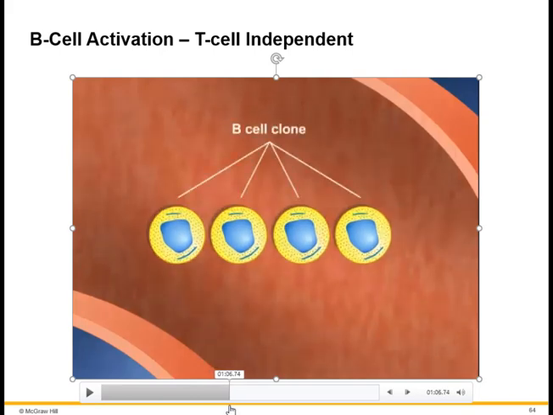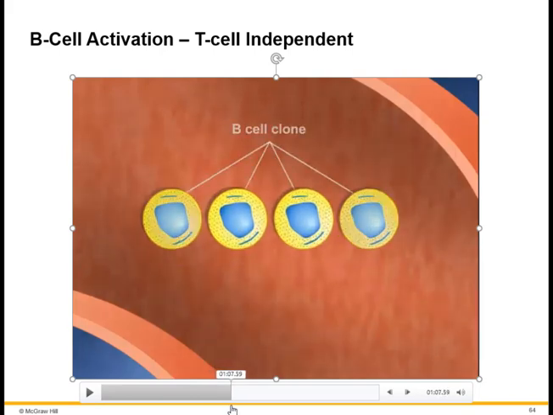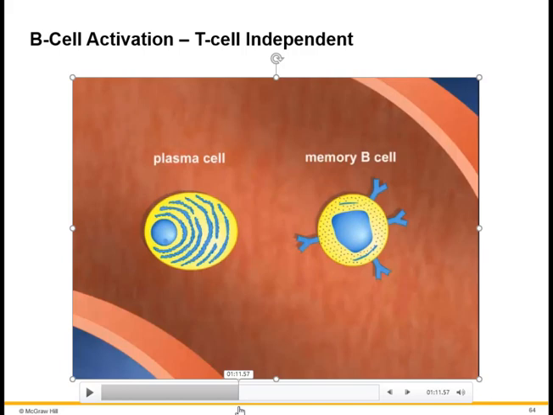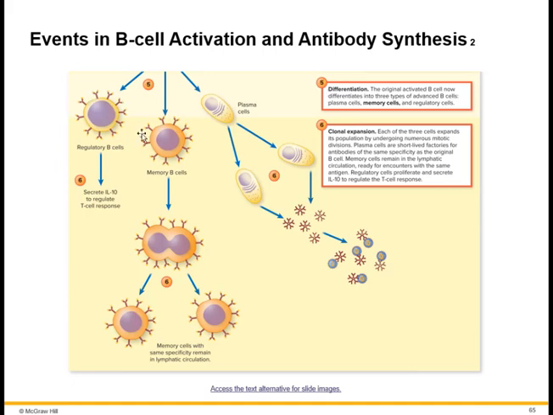Once it's activated, it makes many copies of that clone, and then it differentiates into plasma cells and memory cells. And so once they're activated, the B cells will make regulatory cells which secrete interleukin 10 to regulate the T cell response. So it actually dampens the T cell response as well. And then the memory B cells will only replace B cells, and they remain in circulation to give us immunity to the disease.